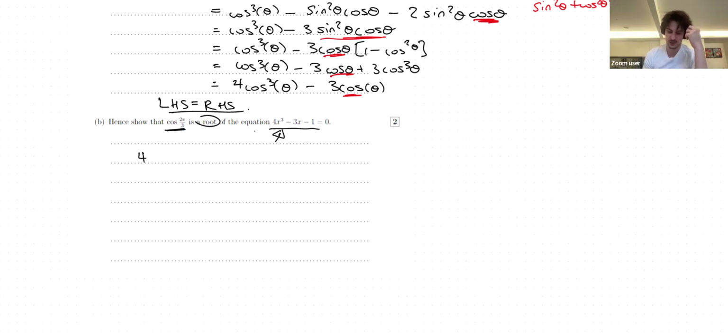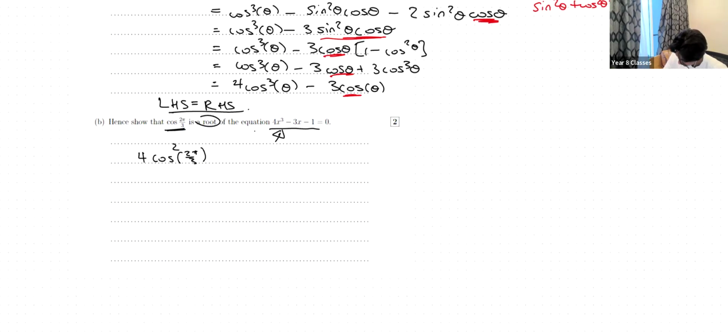Oh, it's going to look like the other equation. 4 cos cubed 2 pi on 3 minus 3 cos 2 pi on 3 minus 1 equals 0. So it looks oddly similar to part A.